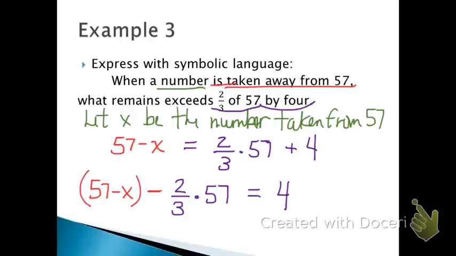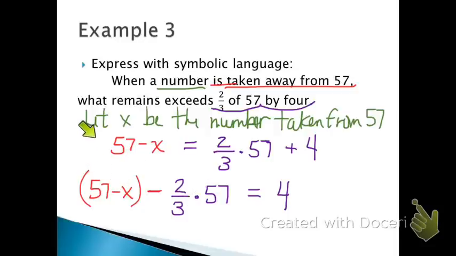When a number is taken away from 57, that's this part. When a number is taken away from 57, what remains exceeds 2/3 of 57 by 4. So what that means is if I take that remaining amount and I subtract off 2/3 of 57, it should equal 4, because this part is 4 bigger than that number.